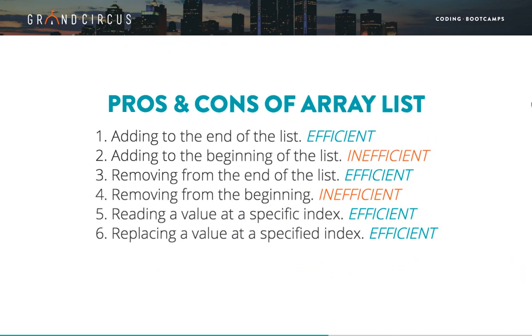Here are the answers. Array lists are particularly efficient at adding and removing from the end and reading or replacing a value at any index. They are less efficient when adding or removing from the beginning or middle, and sometimes the array must be copied when the list grows.